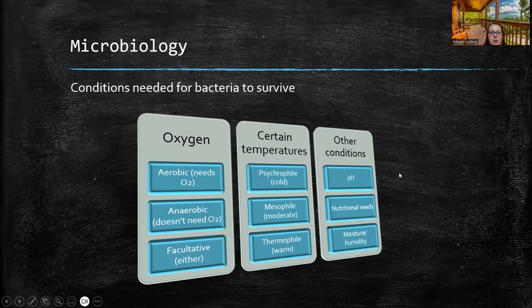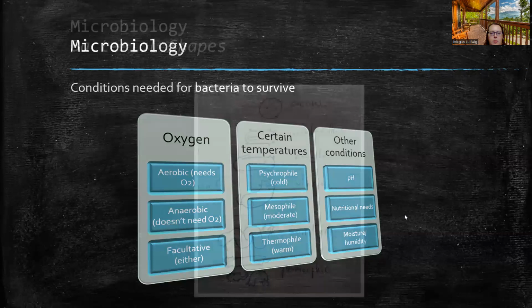Other conditions that some bacteria require to survive are pH levels, whether something's super acidic or basic, they might prefer one over the other. Nutritional needs, maybe they require a lot of simple sugars or something like that. And then moisture and humidity play a big part in a lot of them too. Some just proliferate in a really damp, humid environment.